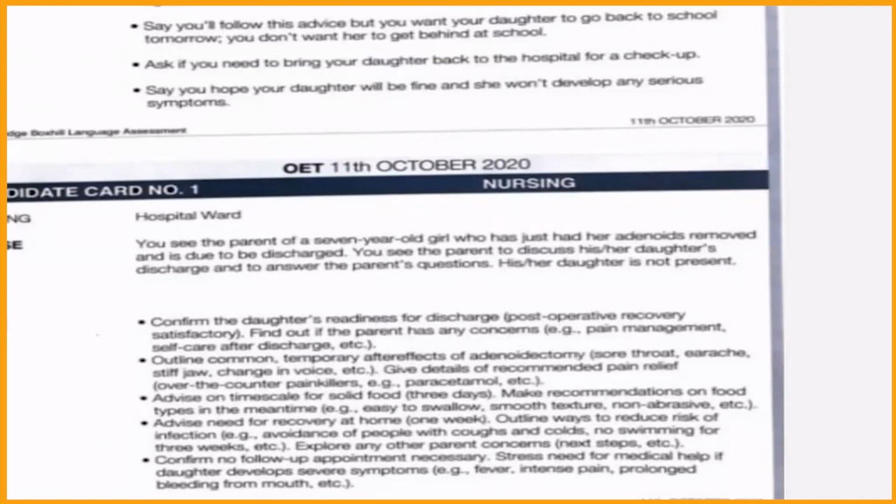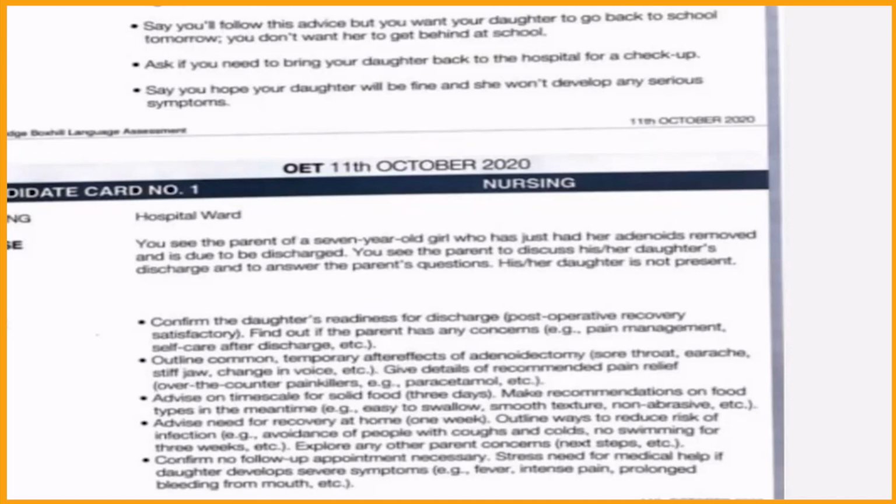Yes. So the dialogue I end this with is, I want her to go back to school tomorrow. Then, since you don't agree, you can add one line like this. Well, I'm sorry, which means you're saying that you don't agree with the parent's opinion. We advise rest at home for complete recovery to reduce any chance of infection. So what are you saying?